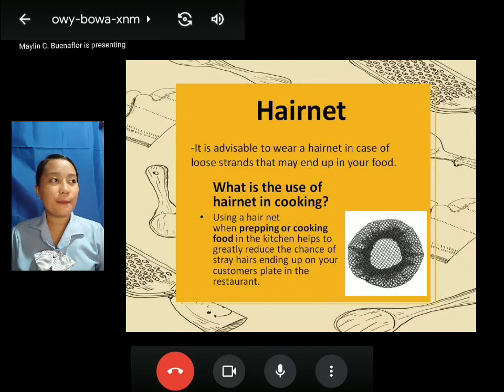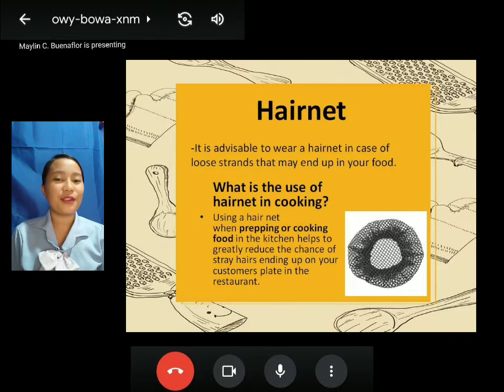For example, when we are in restaurants or other food establishments, there is some hair that can be seen in the food, so it can make the food dirty and unpleasant. So therefore, we should always use a hairnet while we are in the kitchen. Okay, understand? Okay, very good.